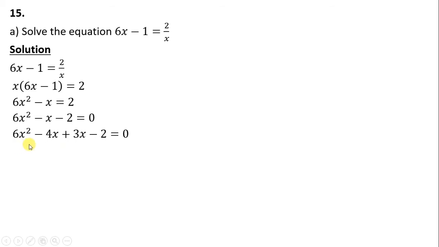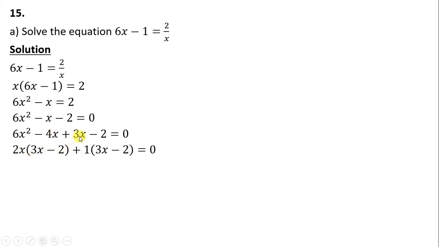So I'm saying 6x squared minus 4x plus 3x minus 2 is equal to 0. From here, we are going to factorize by grouping terms. Let's do that. Which terms can go into 6x squared and 4x without leaving a remainder? 2x. 2x times 3x will give us 6x squared. If you multiply 2x times negative 2, you get a 4x.